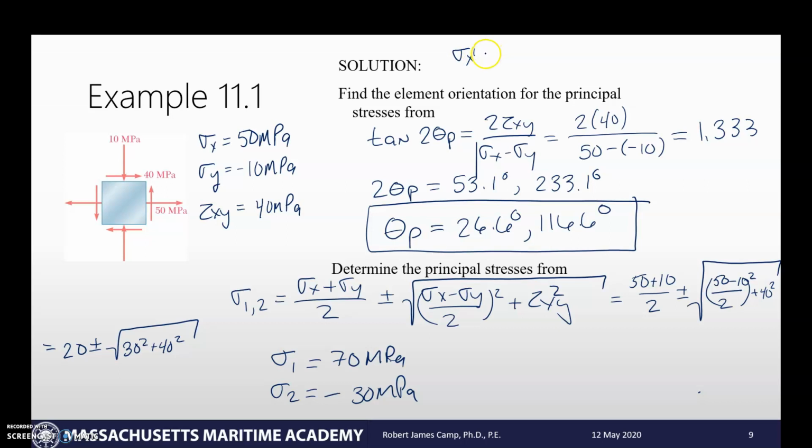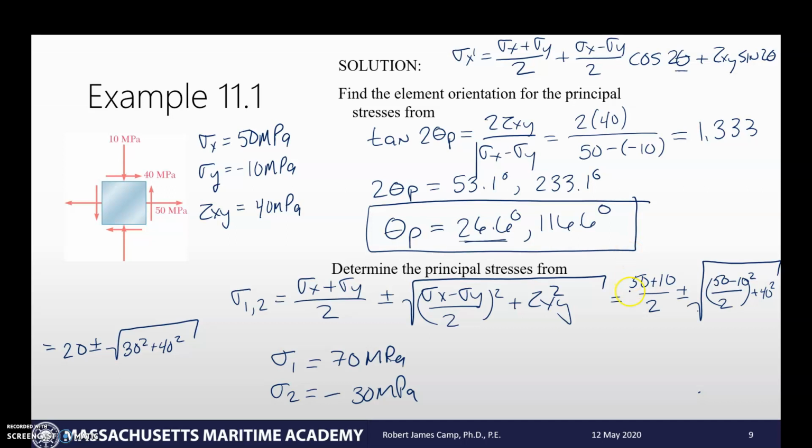So sigma x prime is equal to sigma x plus sigma y over 2 plus sigma x minus sigma y divided by 2 cosine 2 theta plus tau xy sine 2 theta. I can take that number, plug it in there, and that's going to give me one of my two principal stresses.